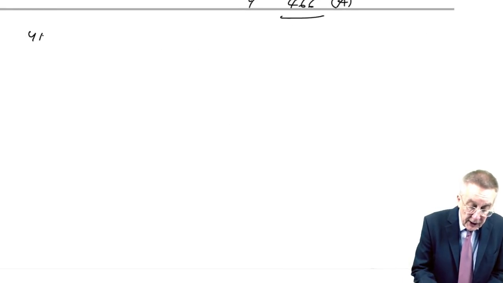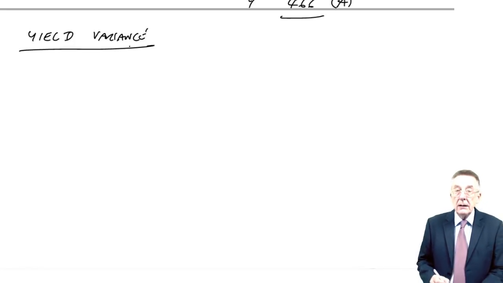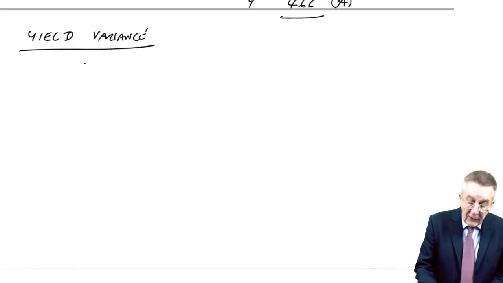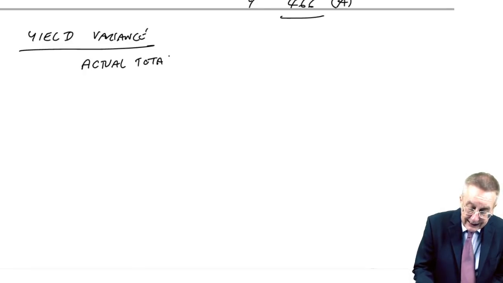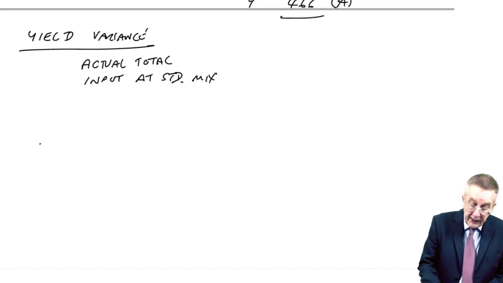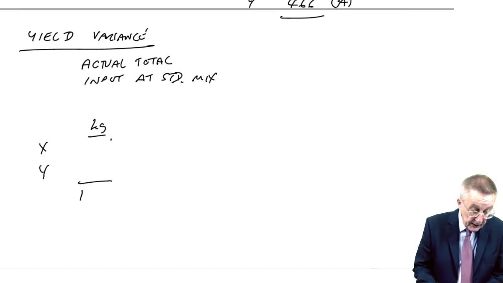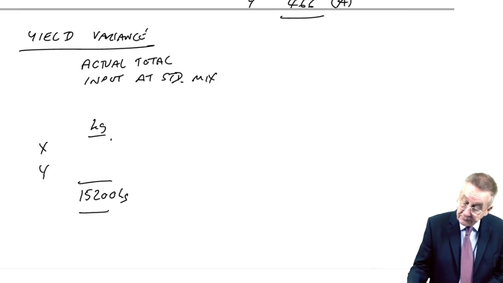This last one we call the yield variance. We take the actual total input at standard mix. Let me just write that down before I go any further. X and Y. The actual total input was 15,200 kilos.